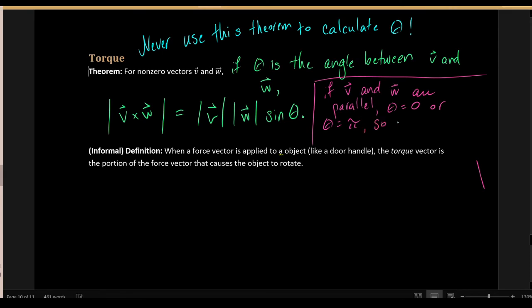In either case, though, sine of the angle is equal to 0, which cancels out the two magnitudes on the right side and forces the magnitude of the cross product to be 0. But the only vector with a 0 length is the 0 vector itself, 0 in every component. So this theorem provides an explanation for that property.